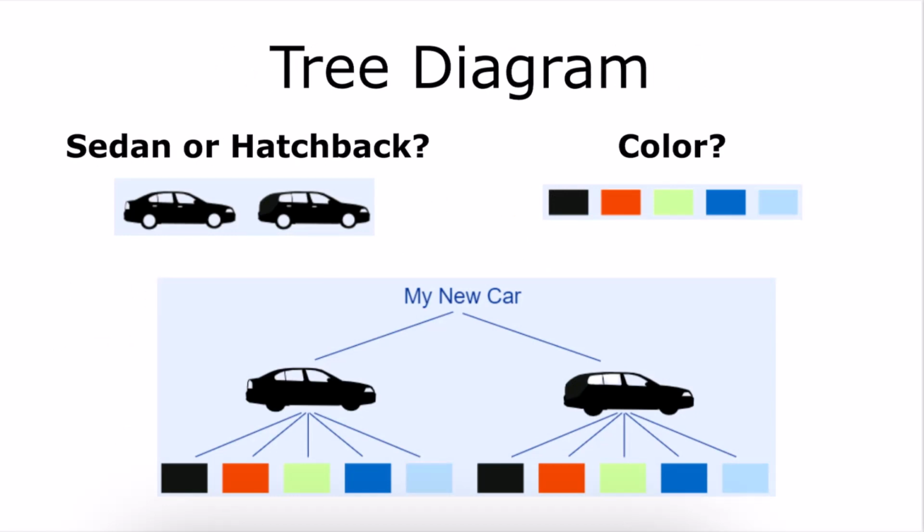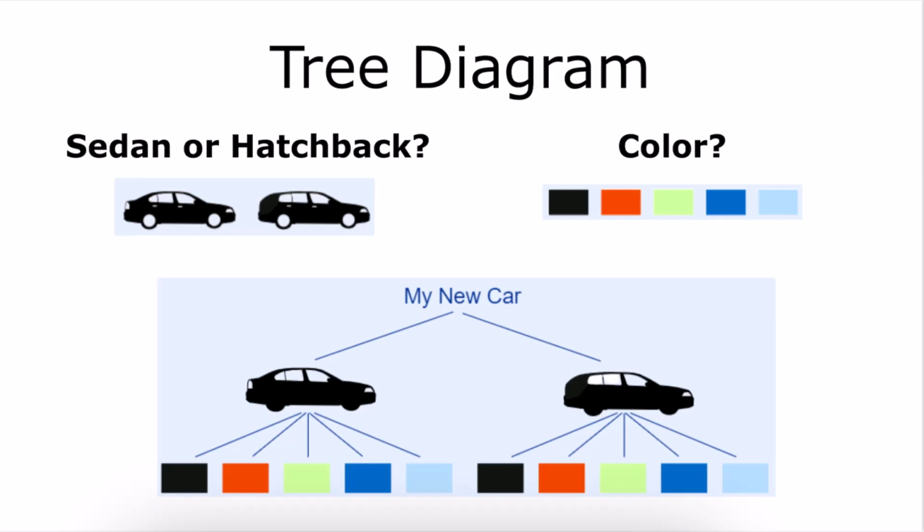So a tree diagram is something that's used a lot in probability and combinatorics. And basically what it does is it visualizes all of the choices that you have. So for example, if you were wanting to buy a car and you had the choice to either buy a sedan or a hatchback, and then you had 5 color options to choose from, well, you could make a tree diagram where you list out all of your choices.